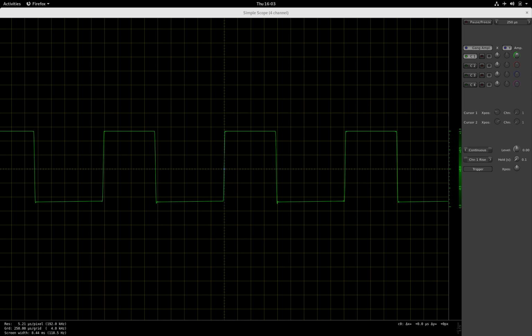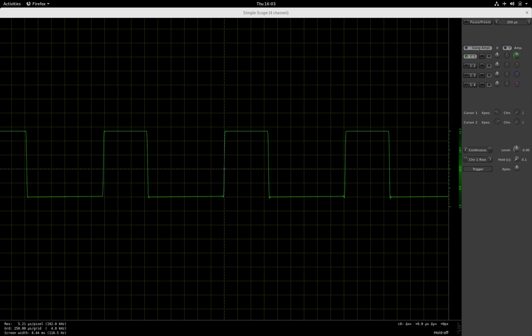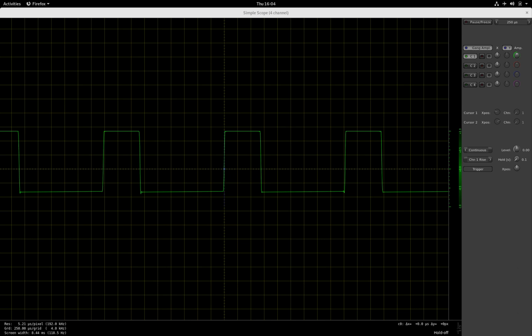We can move it more towards a positive bias. And then we will see that the duration of the positive half wave in time is reduced even more, and the length of the negative half wave is increased.